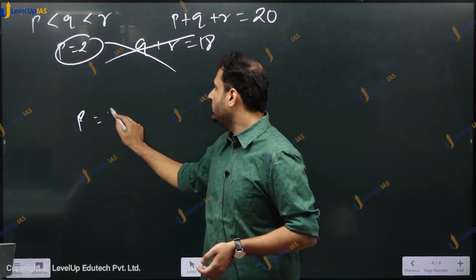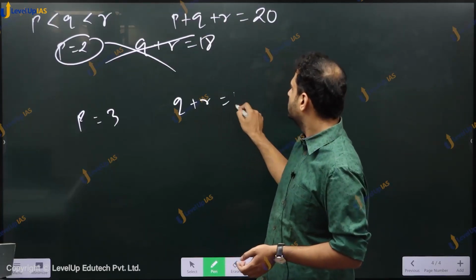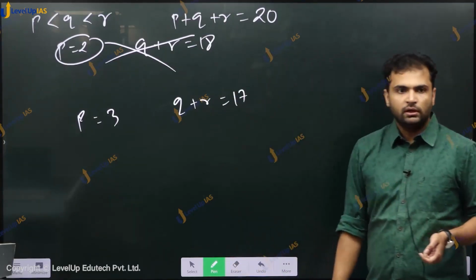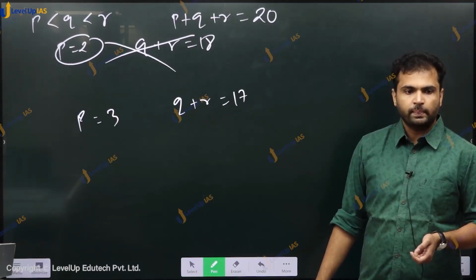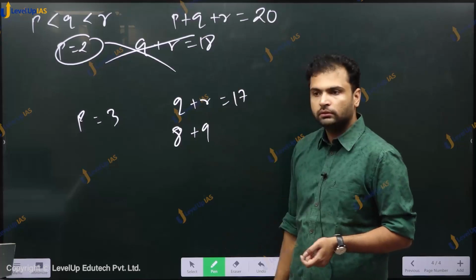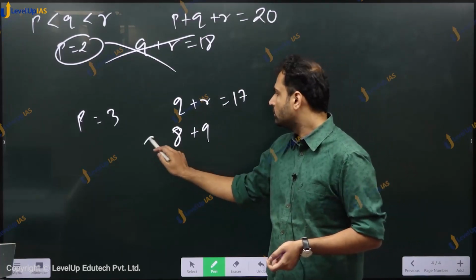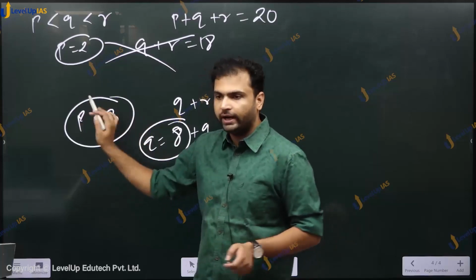If P is equal to 3, then we have Q plus R is equal to 17. Are there possibilities here? 8, 9. Right? So we have one more value of Q. This P we already had.